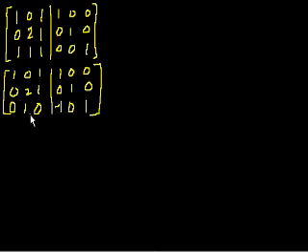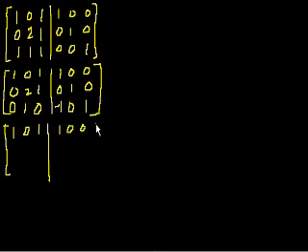Well, this row right here, this third row, it has 0, 1, 0. It looks a lot like what I want for my second row in the identity matrix. So why don't I just swap these two rows? Let's do that. I'm going to swap the second and third rows. So the first row stays the same, 1, 0, 1, and on the other side, it stays the same as well.